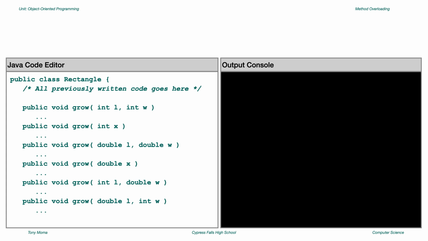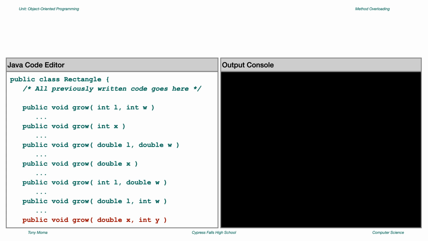Now, what is not an example of method overloading is simply changing the names of the parameters. If I were to define a seventh grow method that also receives a double followed by an integer, but all I did was change the names of the parameters, that would not count. The compiler would flag me, because when I go to the main method, and I attempt to invoke the grow method by passing it a double followed by an integer, how is the compiler going to be able to differentiate between the 6th and 7th grow methods?